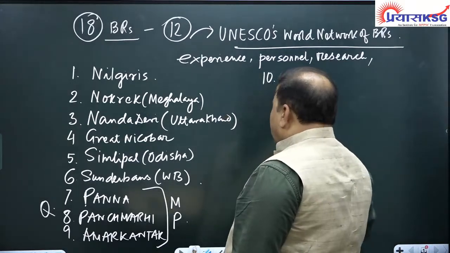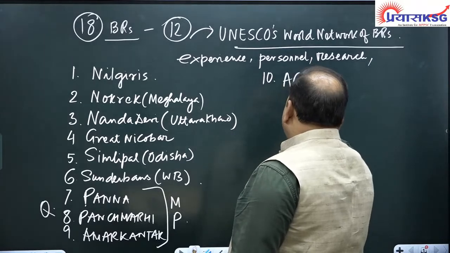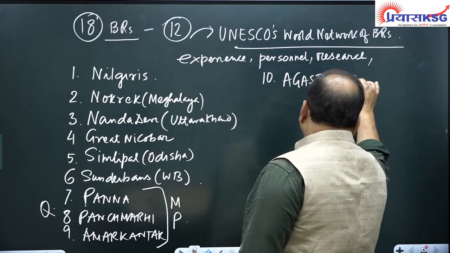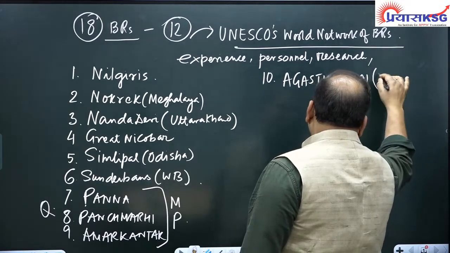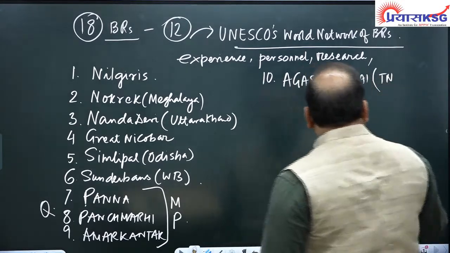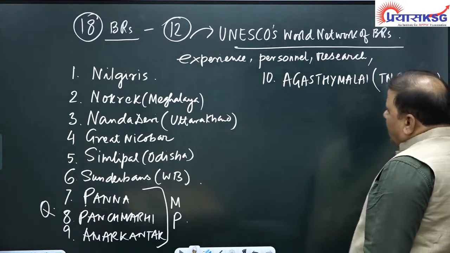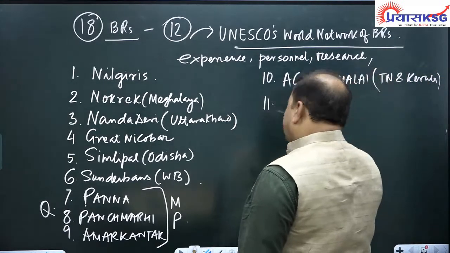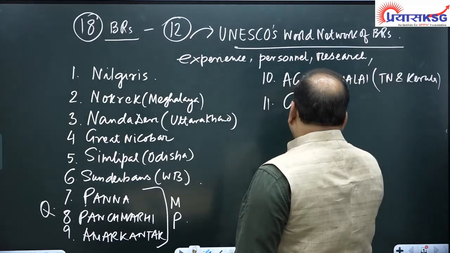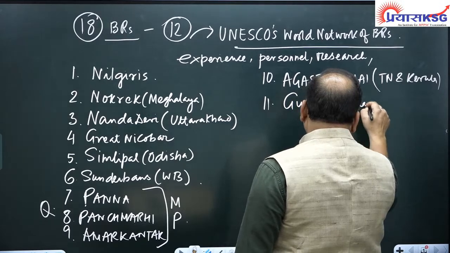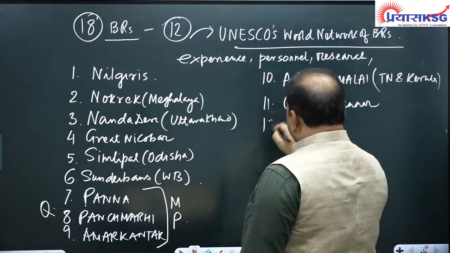10th is Agasthyamalai. It stretches across Tamil Nadu and Kerala. 11th is Gulf of Mannar, which is between India and Sri Lanka.